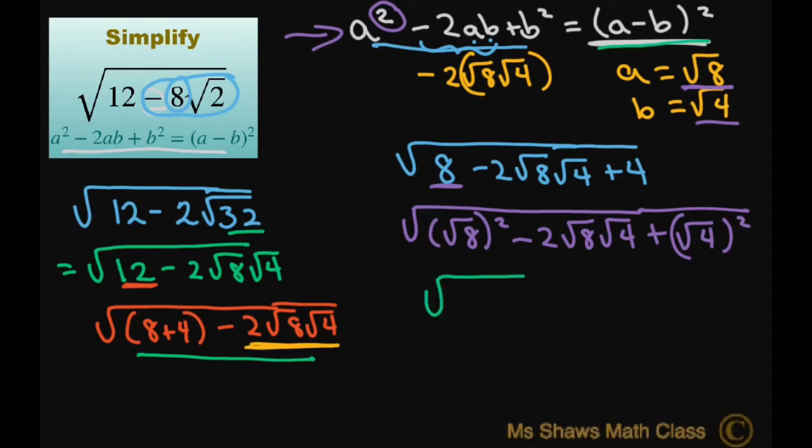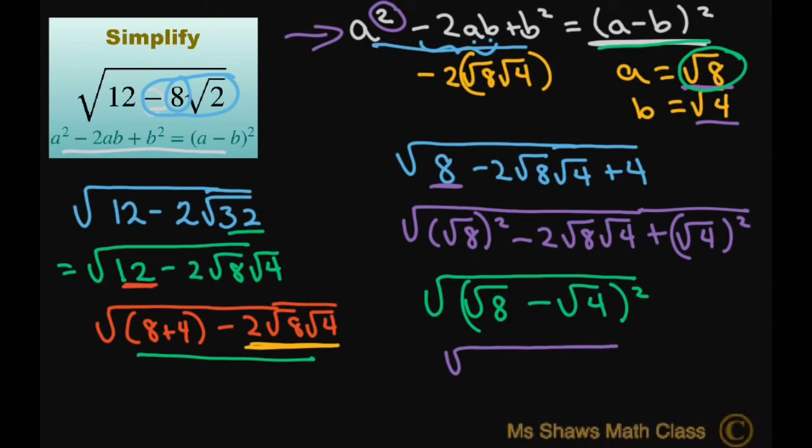So I'm going to write square root of a. A is square root of 8. So we're going to write square root of 8 minus square root of 4 squared. All right. This is the same as square root of 8 minus square root of 4 squared.